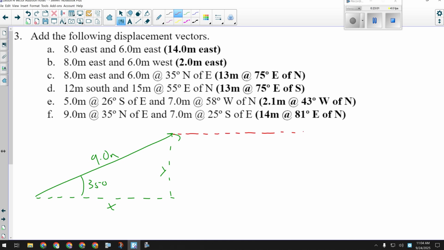Okay, so scale's important here, not as important as the last one, because obviously this second line is shorter than this one, and the angle isn't as steep, so it's definitely not getting down in this area. Okay, it's going to be more in this area here. 7.0 meters, okay, and it's 25 degrees south of east, so this will be X, this will be Y, okay, and then our resultant will go like that.